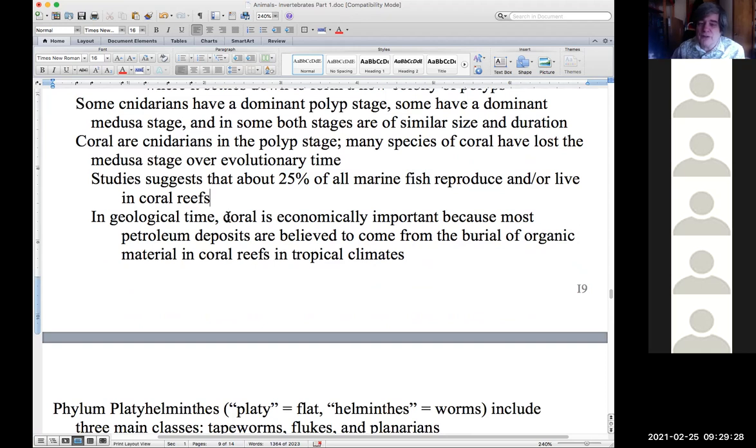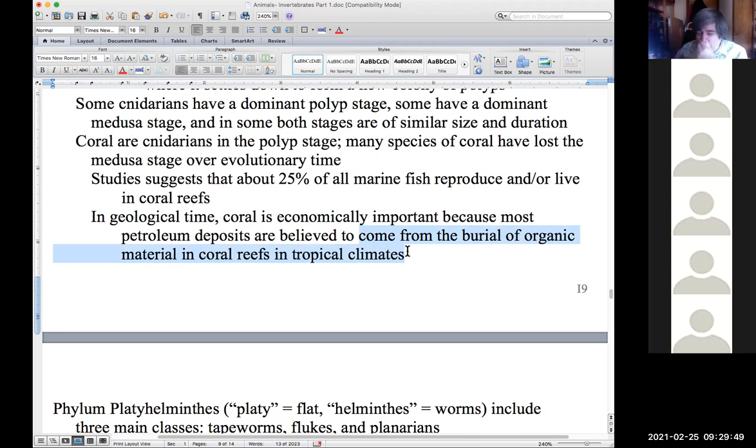In the long term, there's another reason that coral is important. As far as geological engineers can tell, most petroleum deposits, where we get gasoline, come from living organisms being buried in coral reefs.